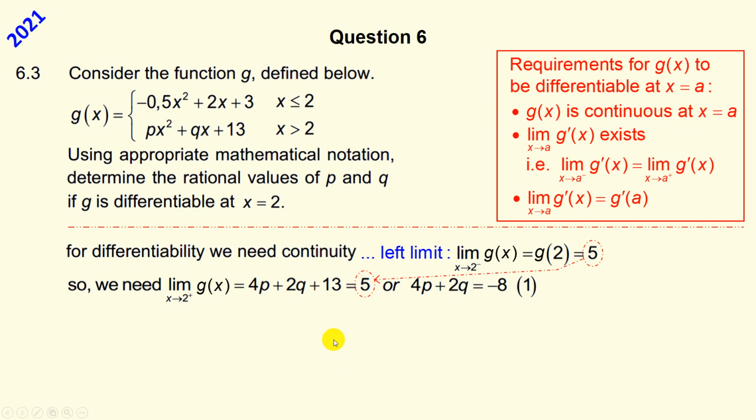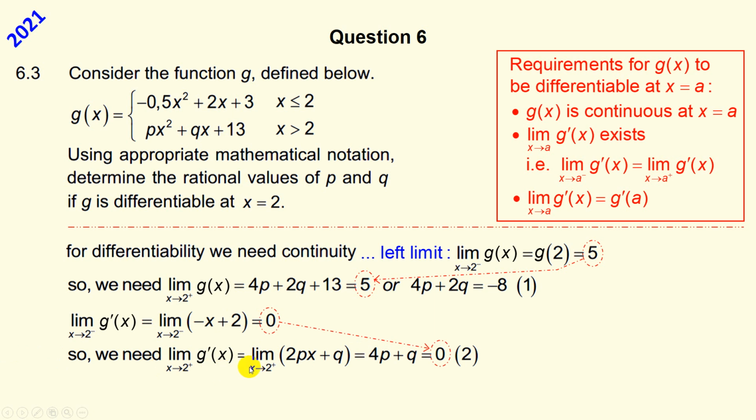And that's that requirement there for differentiability. Now we're going to go on to the derivative. Left limit of the derivative of g, right? So the left limit, and we're going to substitute into this one because this is where the left is. And we're going to get negative x plus 2, because if you differentiate that, we're going to substitute 2 in, and we're going to get 0.